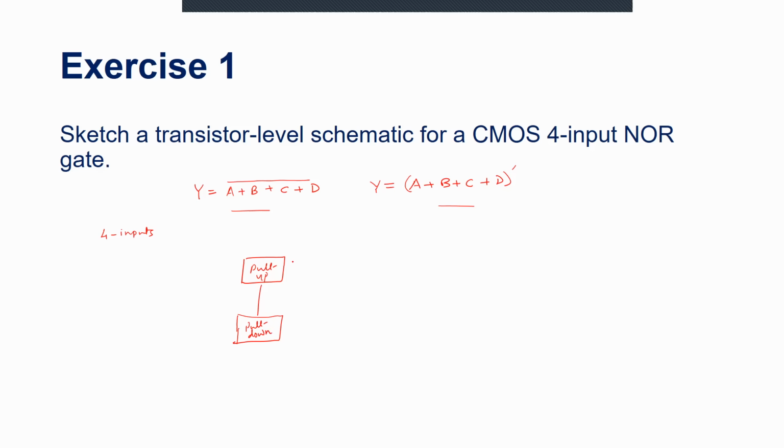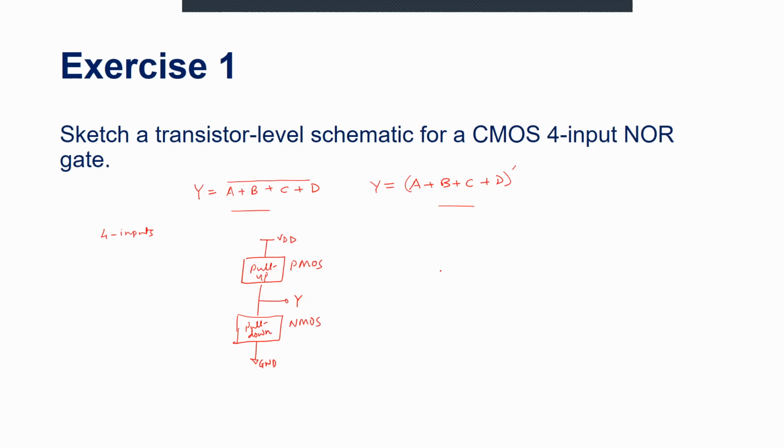The pull-up network is constructed by PMOS transistors, and the pull-down network is constructed by NMOS transistors. Here we connect VDD, here we connect ground, and in the middle we have the output of this circuit.